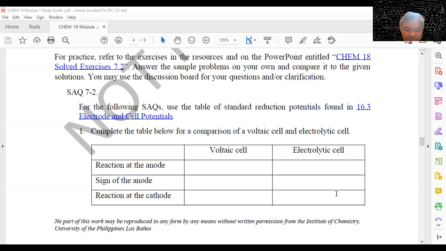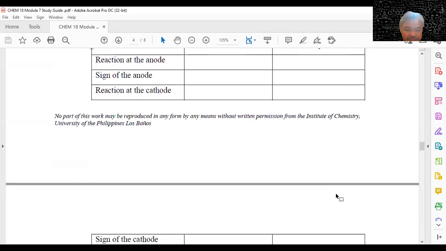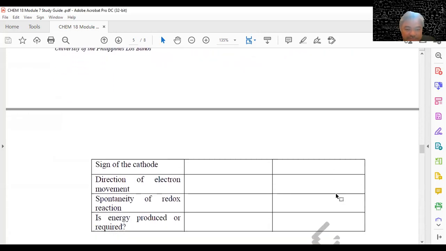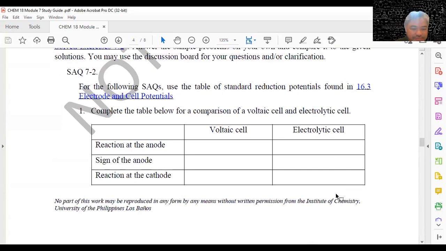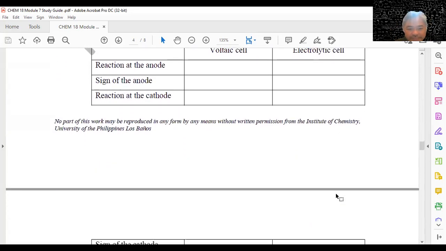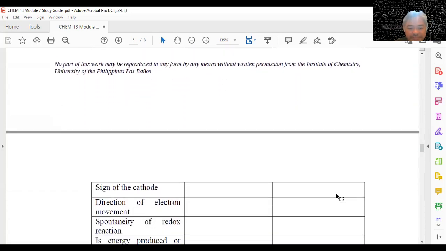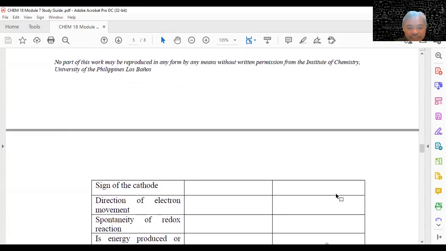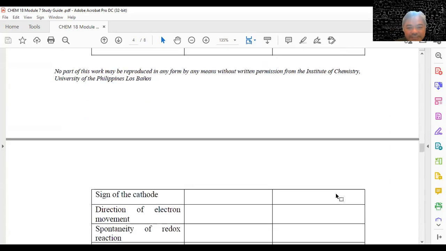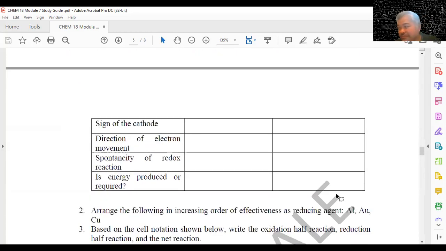So if you're going to look at, I think this is a table here. Now, what do you think is the direction of the electron movement? Anyone? So in both voltaic cell and electrolytic cell, it's always alphabetical from A to C, from anode to the cathode.